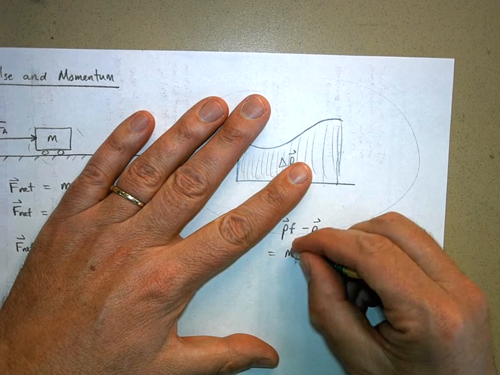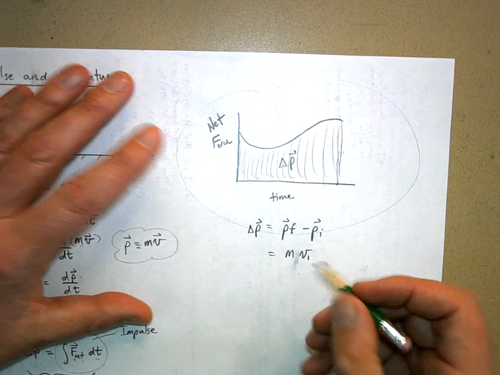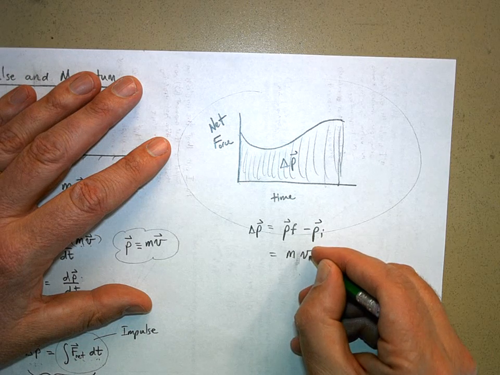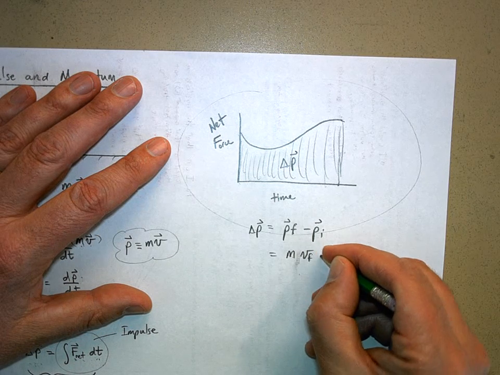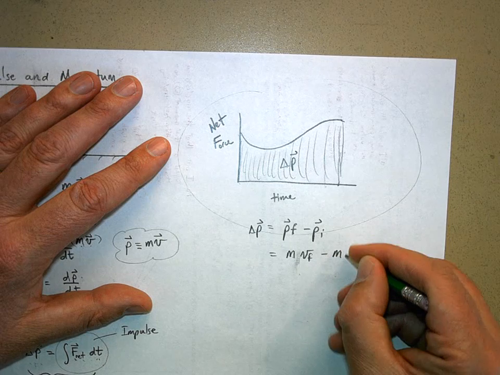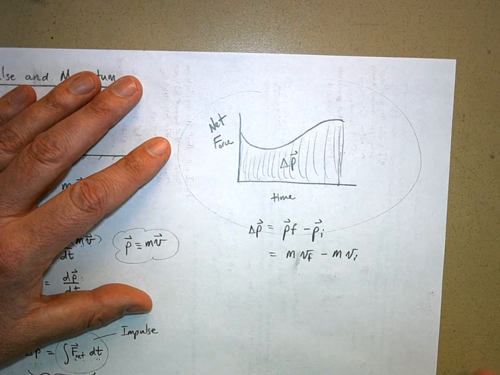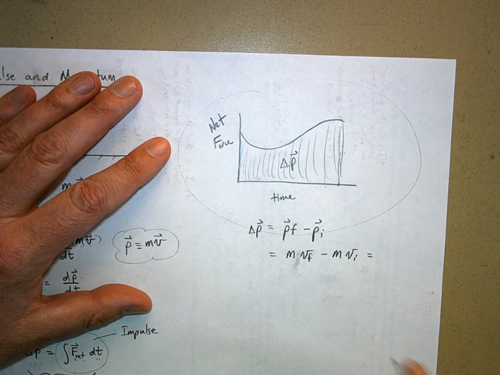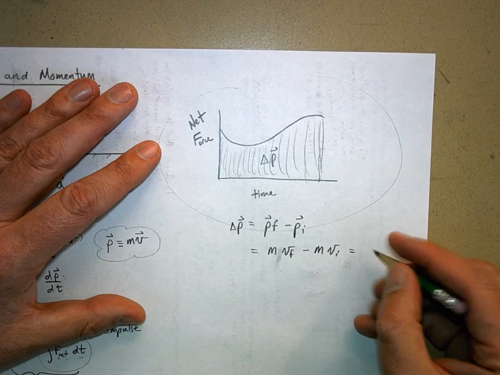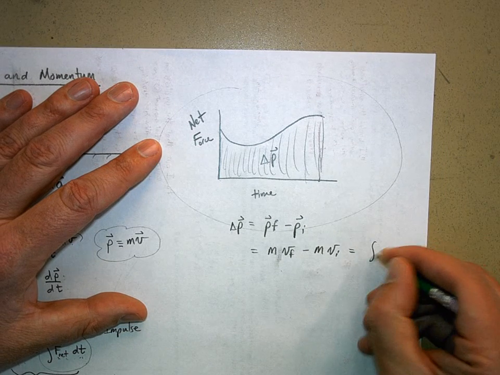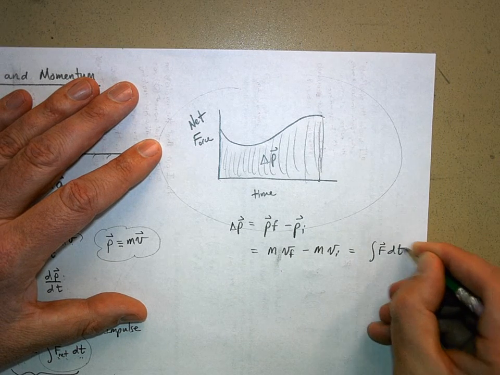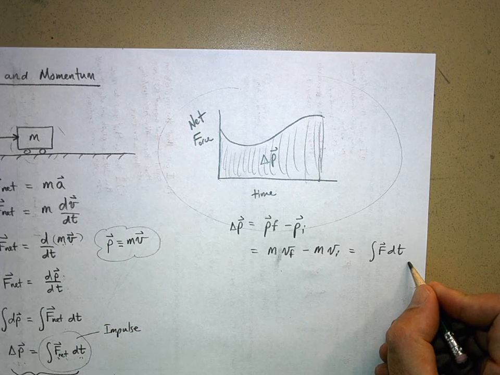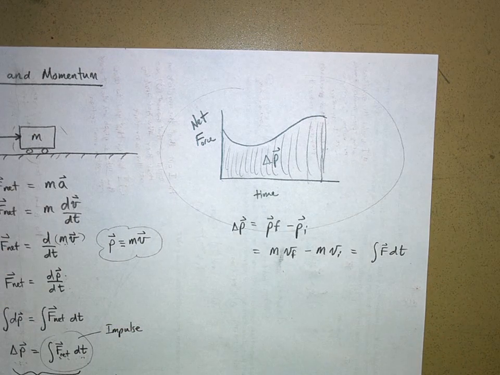Let's say the mass is constant. This would allow you to say the mass times the final velocity minus the mass times the initial velocity will be equal to whatever the integral of F dt turns out to be, and it allows you to solve for a final velocity fairly easily.